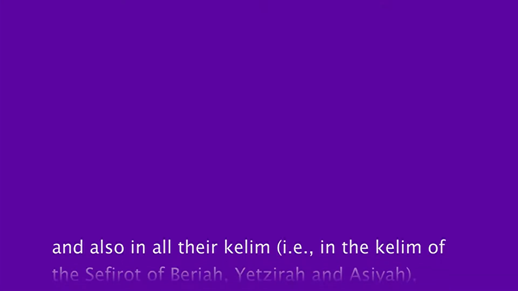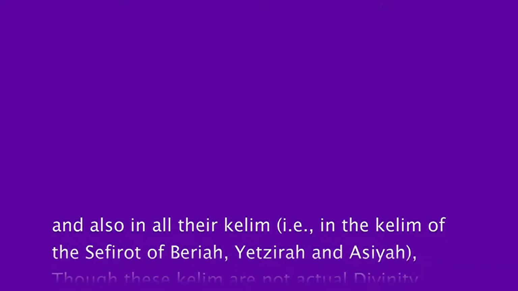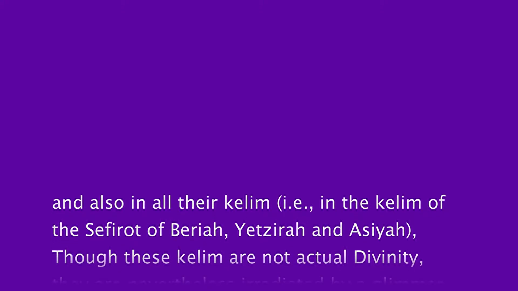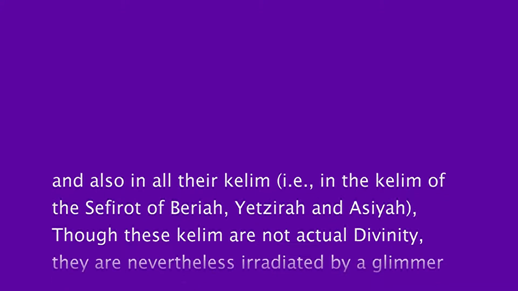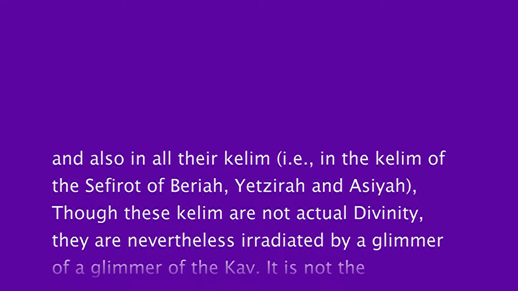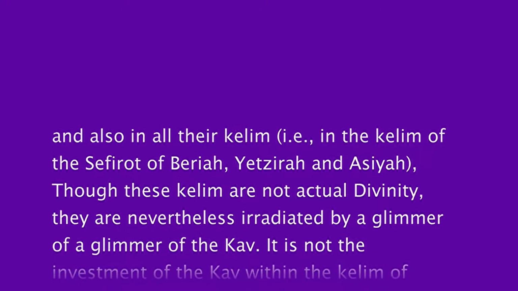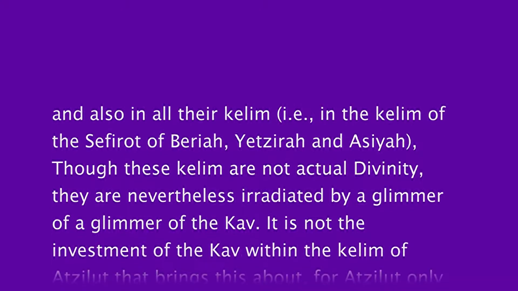They don't have the power to create. But nevertheless, the array of this light from Adam Kadmon, primordial man, is vested even in them, is revealed even in them. And also in all their kelim, the kelim of the sefirot of Bria, Yetzirah, and Asiyah, though these kelim are not actual divinity, they are nevertheless irradiated by a glimmer of the Kav.